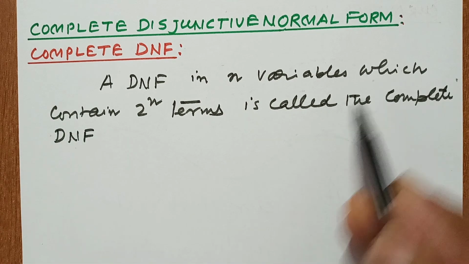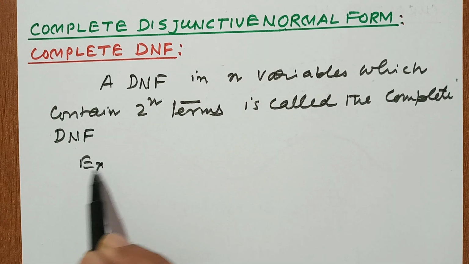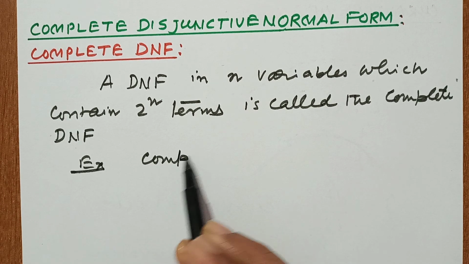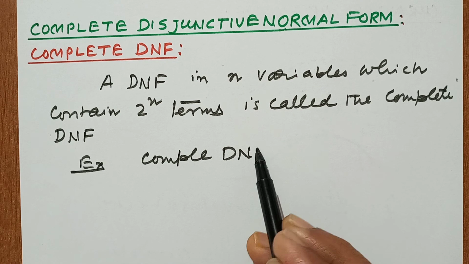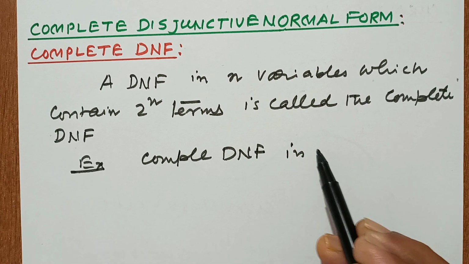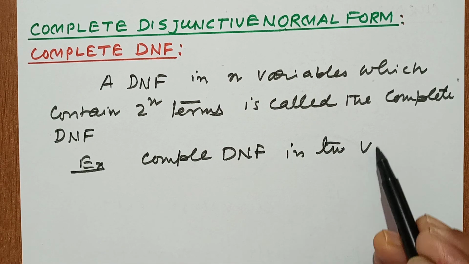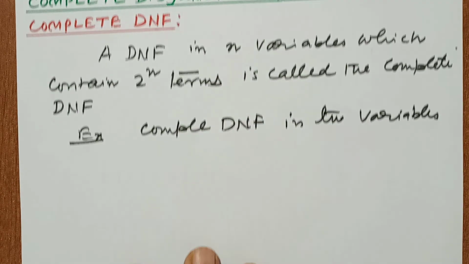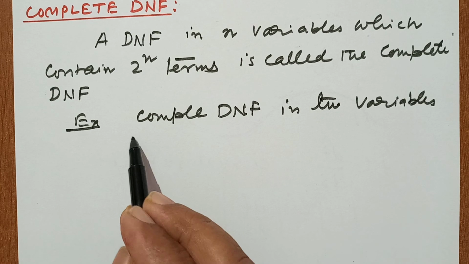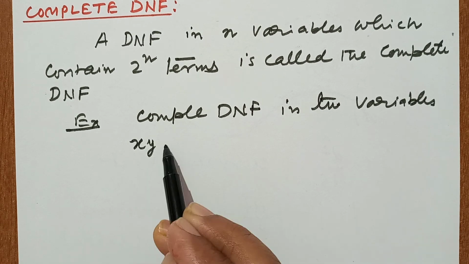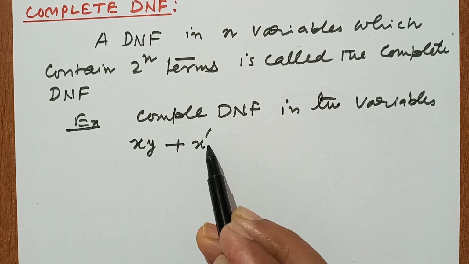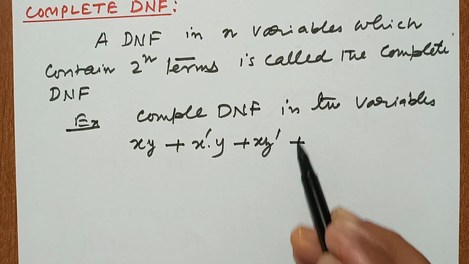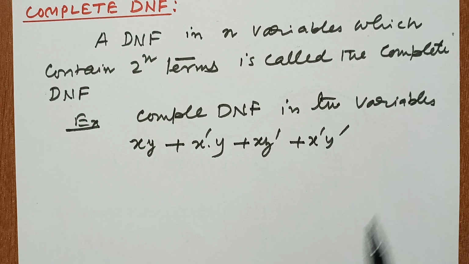Okay, for example, complete disjunctive normal form in 2 variables x and y is x y plus x dash y plus x y dash plus x dash y dash.